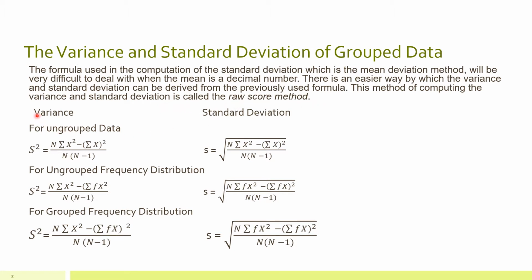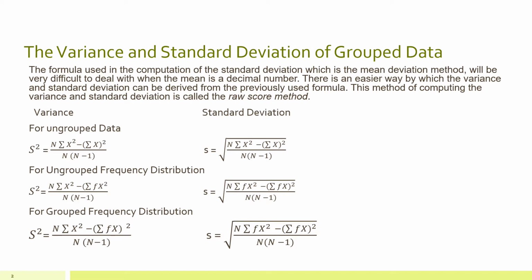Okay, so for the variance, we have this formula for ungrouped data. S squared is equal to n times the sum of x squared minus the square of the sum of x, over n times n minus 1. Then the standard deviation is the square root of the same, no? It's just the square root. Similar also here.